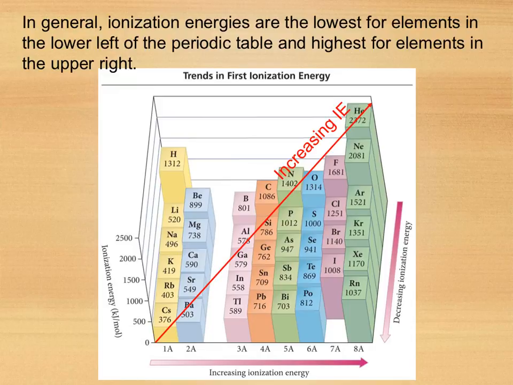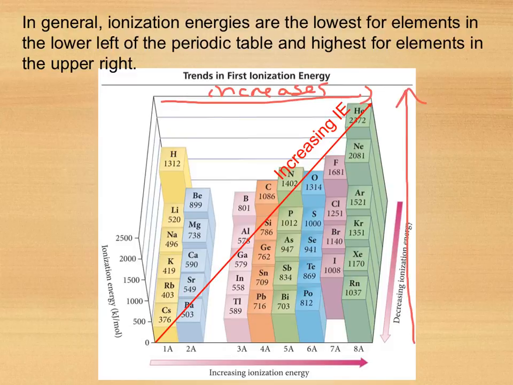All right, so if we combine the two trends that I just told you for ionization energy, the two trends were ionization energy increases going left to right across the period, and increases going up. We were saying decreases going down, but it's the same thing to say increases going up.